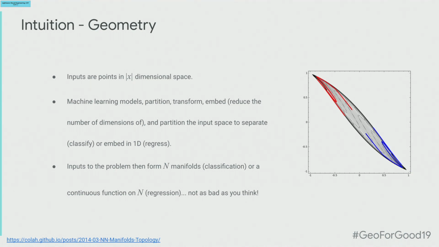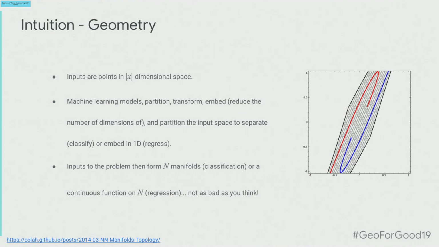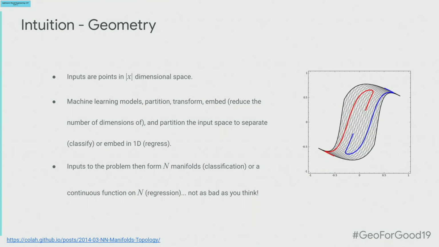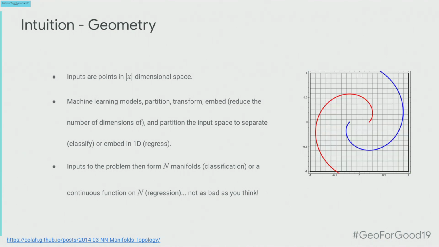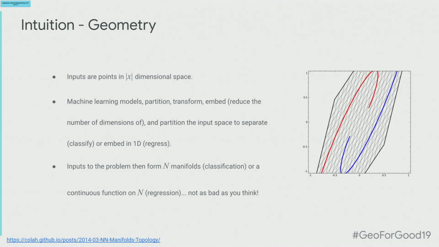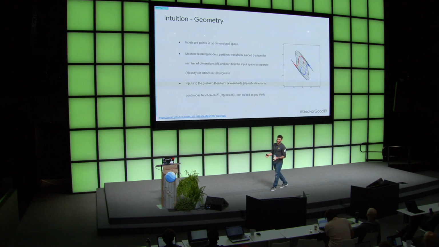So let's think of this in terms of geometry. I'm mapping some point in ND space, and n can get very high, to some output. If that's our analogy, that really all we're building is a function that's making some geometric transform to some output, then a machine learning model is simply something that is transforming, embedding, projecting, and binning that high dimensional input space into a much lower dimensional space.